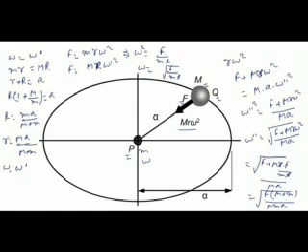Now let's see what is the value of omega and omega dash, which is the angular velocity of object P and Q respectively in an inertial frame of reference. So as we have seen, omega was equal to F by mr. Now value of r is nothing but m into a by M plus m.